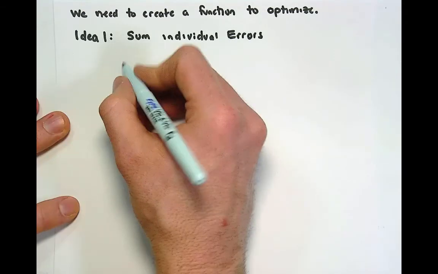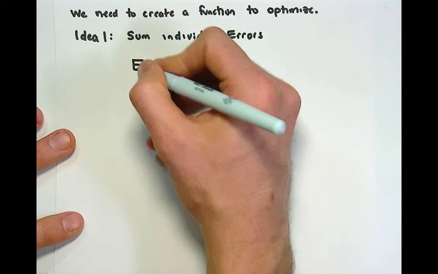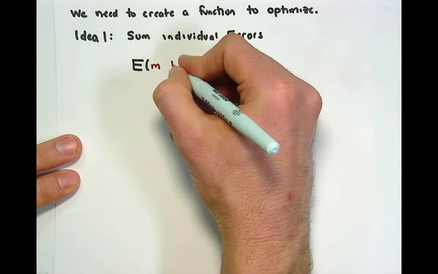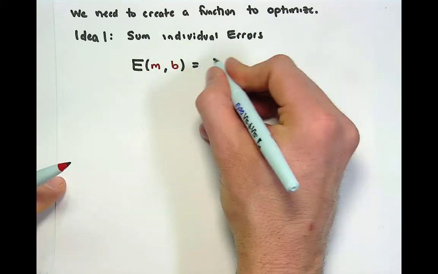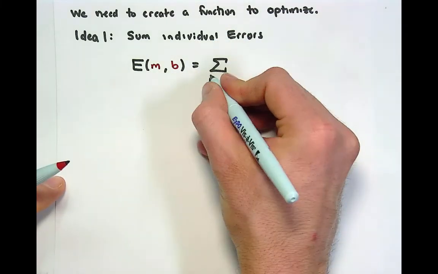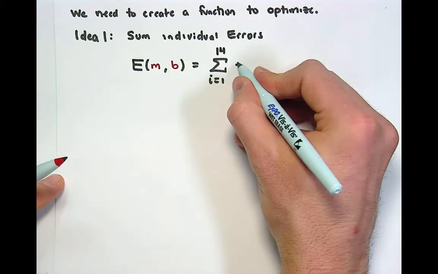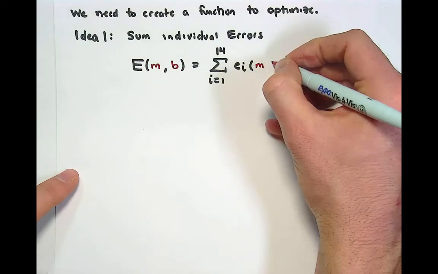Okay, so we might think that one total error function that we might try is just to take all of these individual errors and sum them together. And of course, this would be a function of m and b since each of the individual errors is a function of m and b. So here we've got one. There were 14 different data points. And then we're just going to go ahead and sum each of these individually.